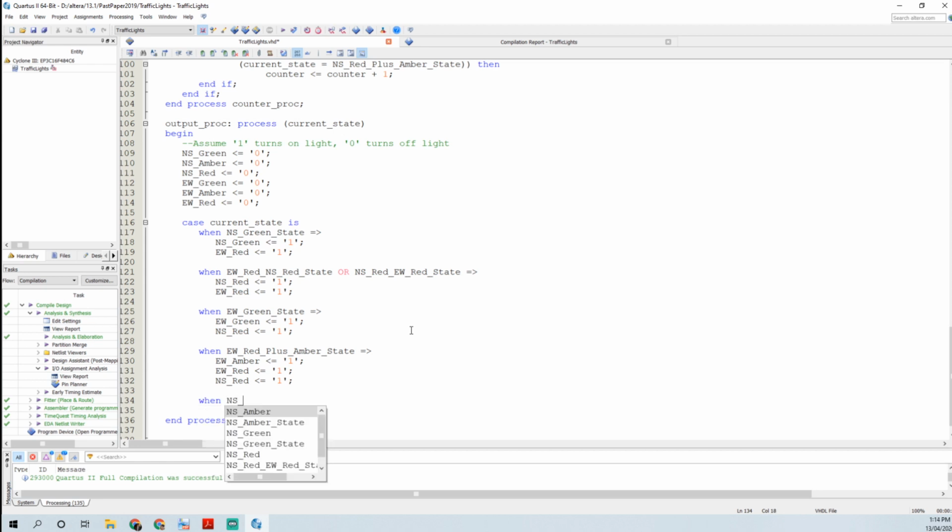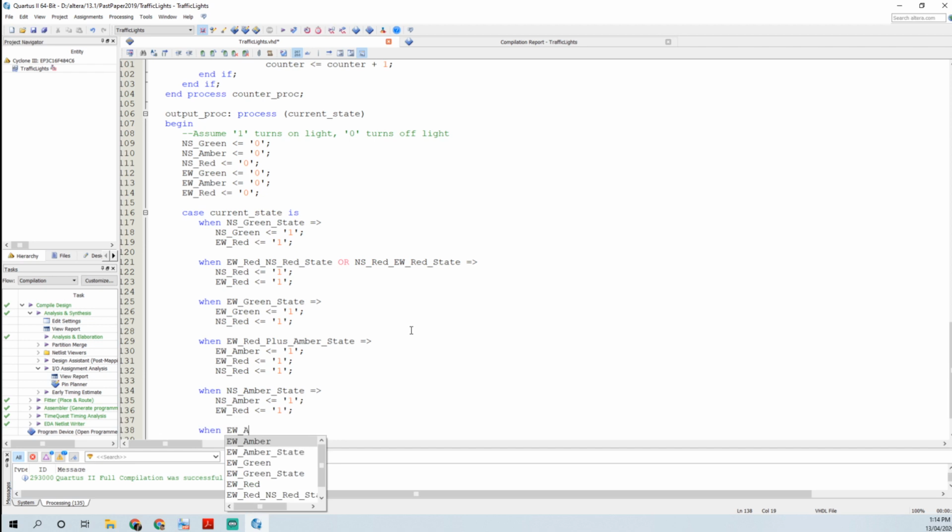When my system is in the north-south amber state, then my north-south amber light is going to be on, and my east-west red light is still going to be on.